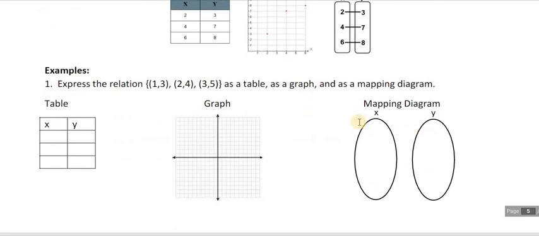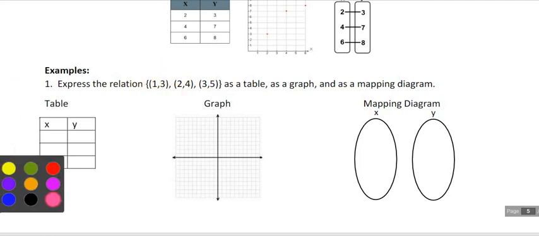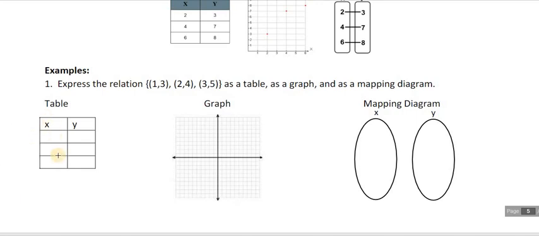So we're going to create our own table, graph, and mapping diagram for the relation listed here. Okay, so with our XY table, the X's are going to be what dominates, and we need to make sure we put our X's in order from smallest to largest, and then make sure we buddy up its associated Y with it, regardless of what that Y value is.